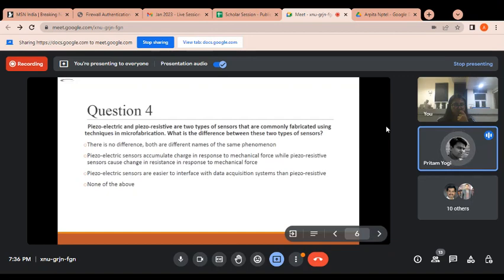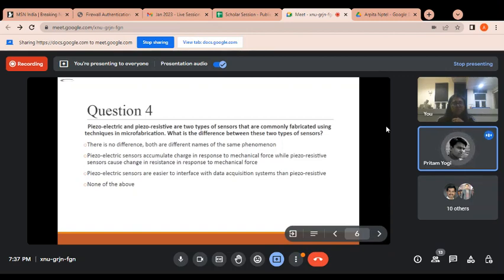According to the answer, it is B, but my question is: piezoelectrics generate some voltage when force is applied, and in a piezoresistive sensor, the resistance of the sensor is changed. So in piezoresistive, we need some supply to provide to the circuit so we can measure that change in resistance, but in piezoelectric, I don't know whether we require any voltage, but it generates some voltage.